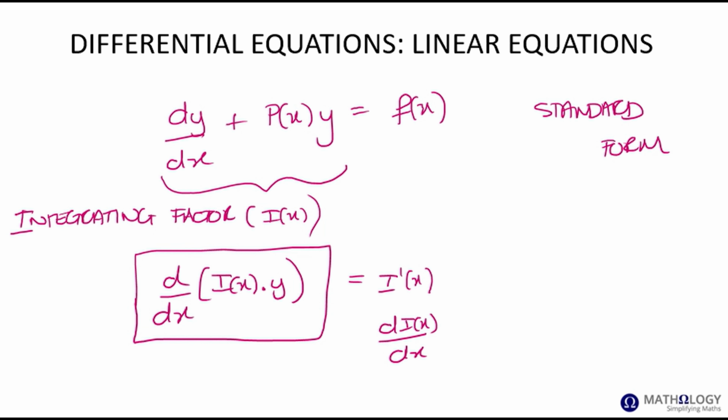So we have I prime of x times y, plus, using the product rule, I of x is now the constant, and we're differentiating y with respect to x. So the derivative is I of x times dy/dx.